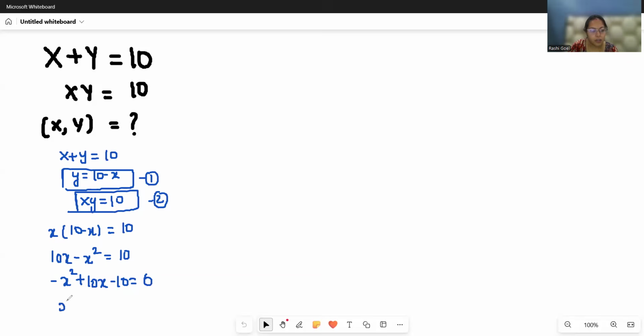Now, if I take the negative sign as common, x square minus 10x plus 10 equal 0. Now, it looks like a quadratic equation. So we can write this in terms of a quadratic equation as x square minus 10x plus 10 equals 0, where a is 1 and b is minus 10 and c is 10.